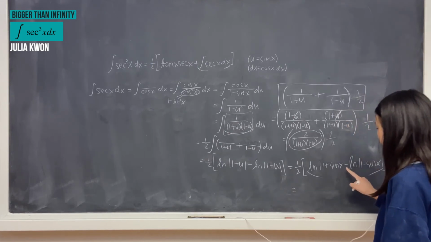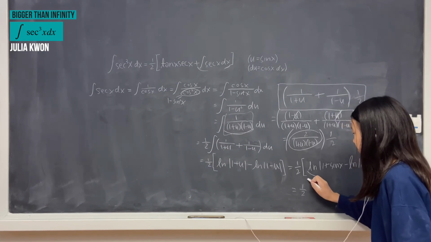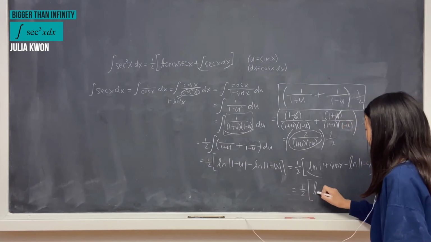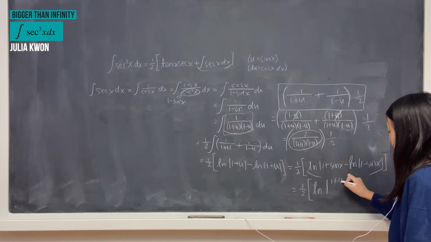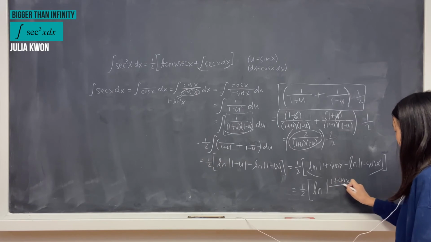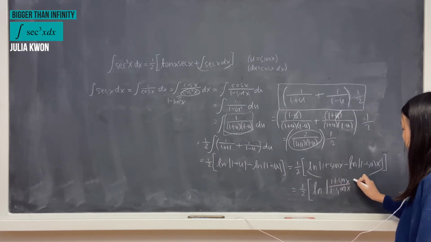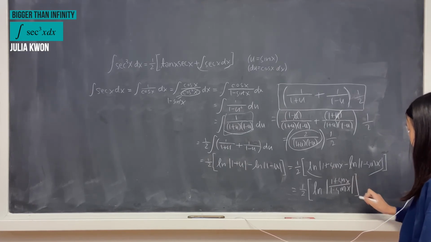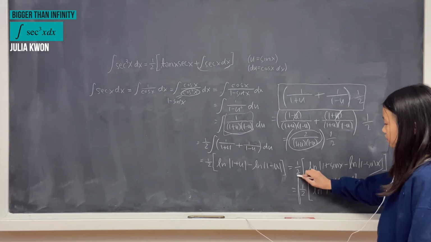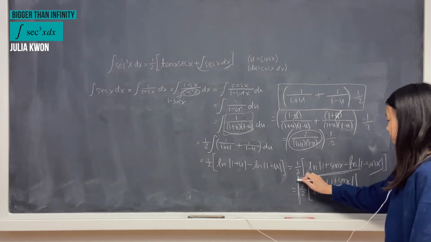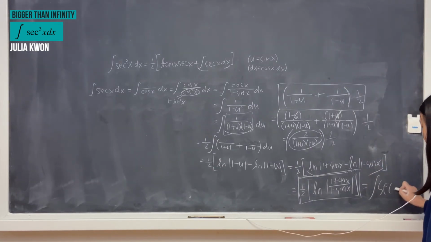And since we have a negative here, it would turn into a fraction, right? So 1/2 times ln absolute value of (1 plus sine x divided by 1 minus sine x). And now we got the value of the integral of absolute value of secant x dx.